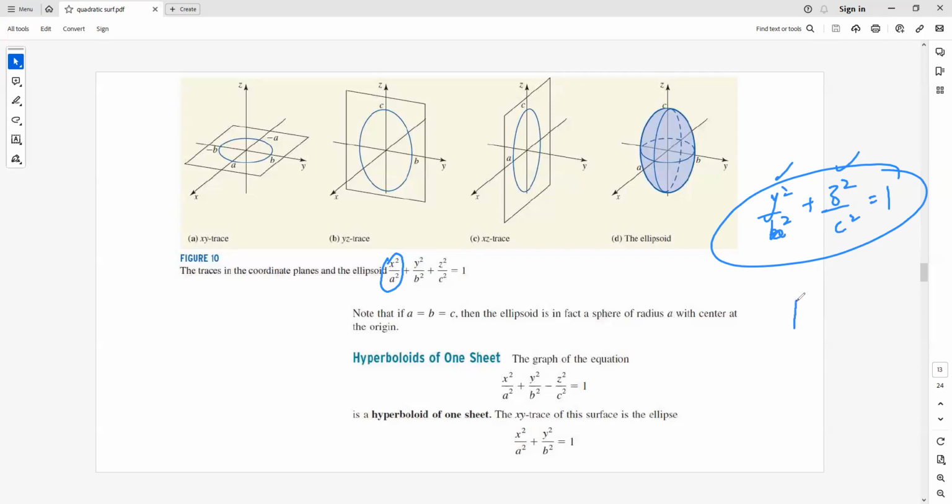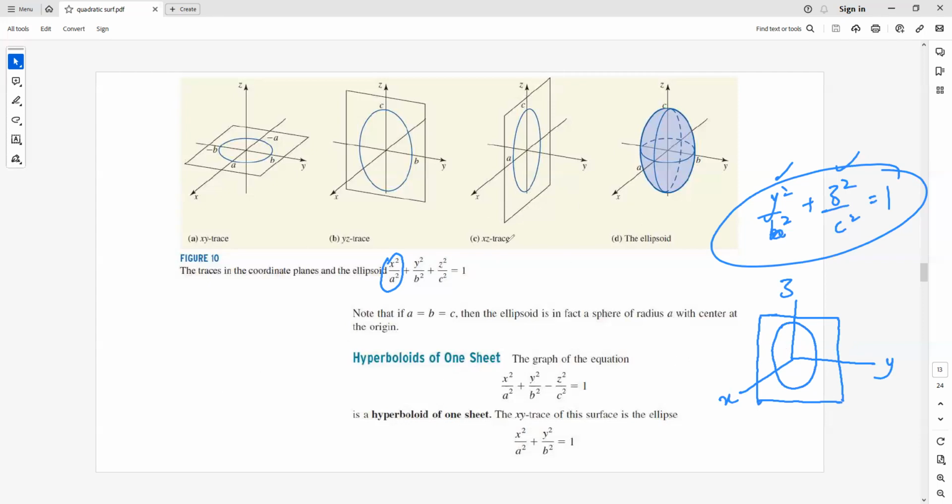Having y and z coordinates only. So if this is the coordinate system x, y, z, this will be the yz plane. Now this ellipse will look like this on the yz plane, right?